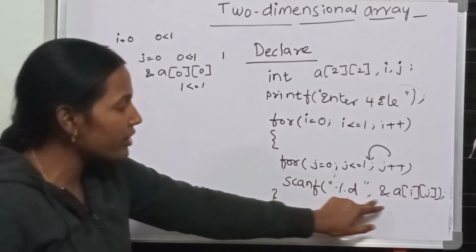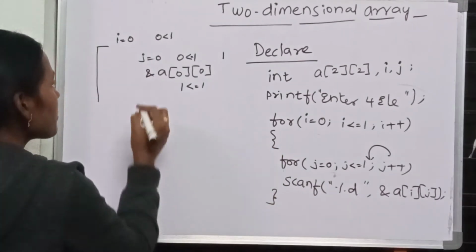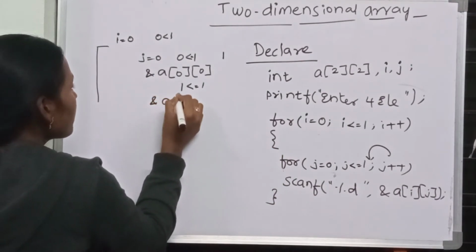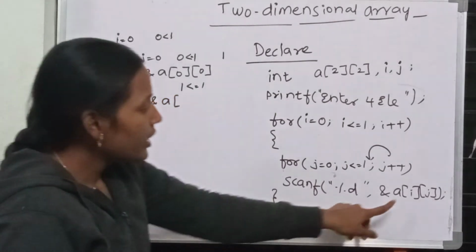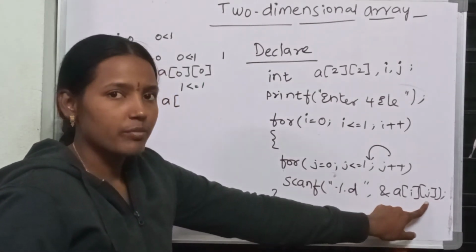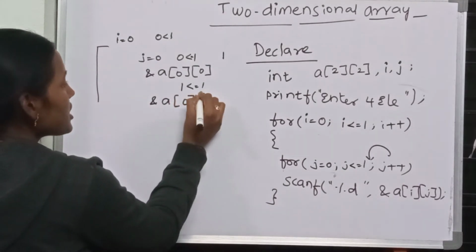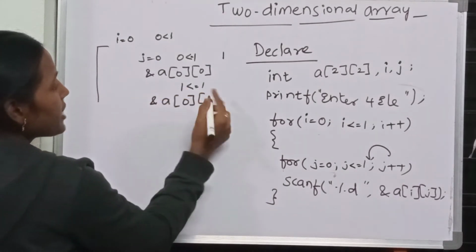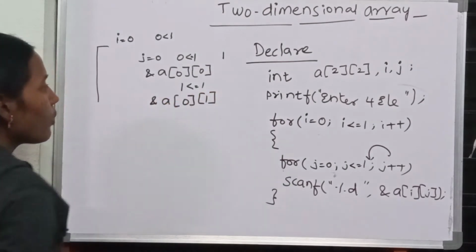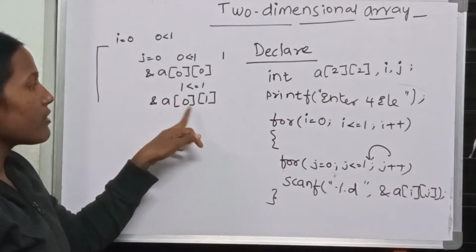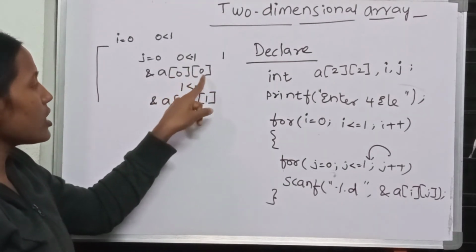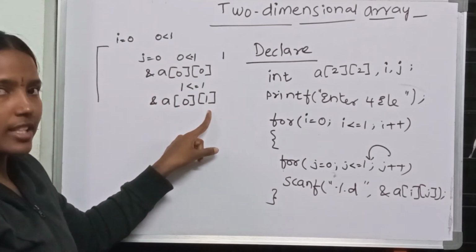In this, what are we doing? We are accepting a value, ampersand of a of i, j. What is the value of i? Still i is 0. What is j? We updated j to 1. Now what value did we accept? a of 0, 1 position: row 0, column 1.